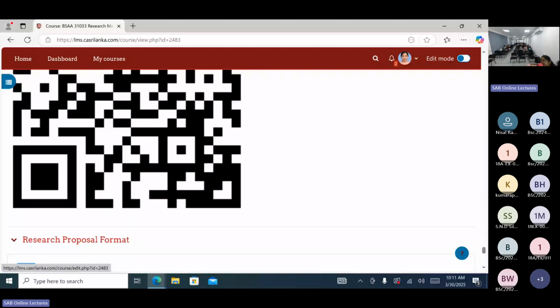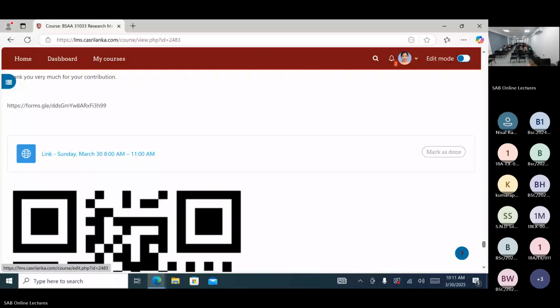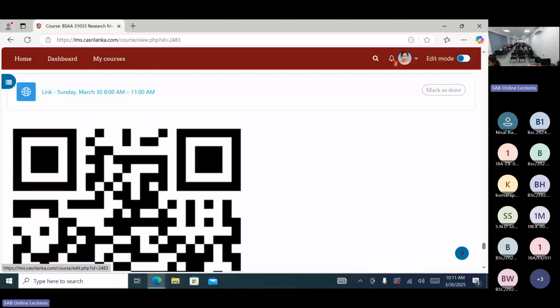That QR code is... I just copy pasted it. That's why I know.